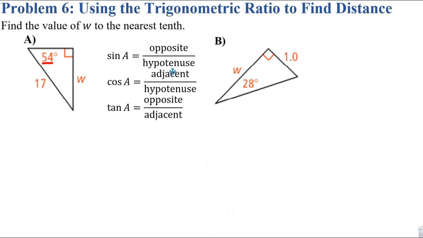Suppose we pull this up here for now. Okay, the W that I want is opposite to my 54. And the 17 is across on the right angle, so 17 is the hypotenuse. What I want to do is I want to pick the ratio that deals with both the opposite and hypotenuse. Okay, opposite hypotenuse, that's my sine ratio.